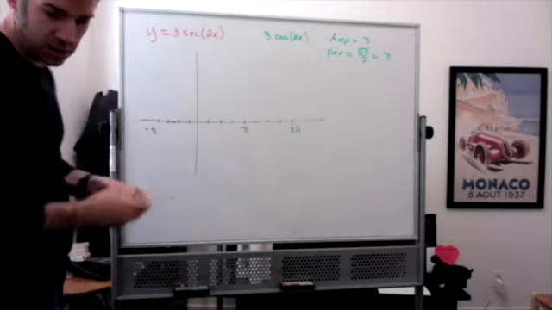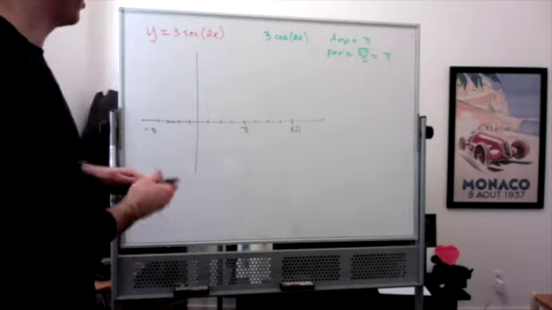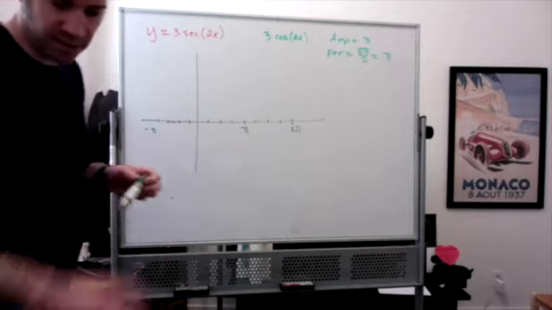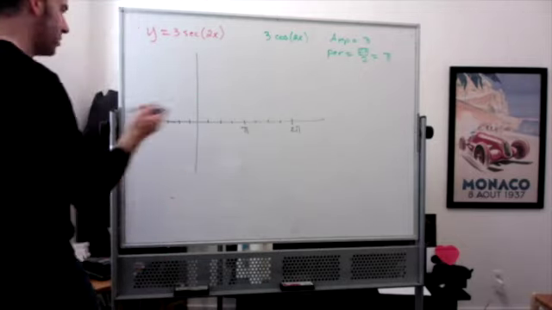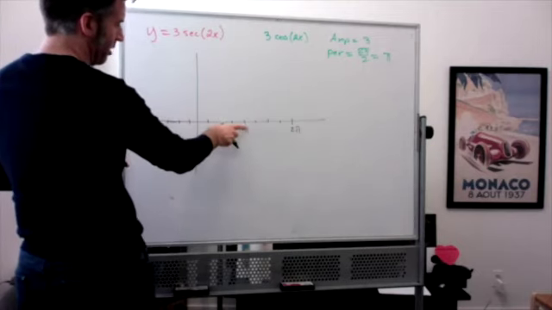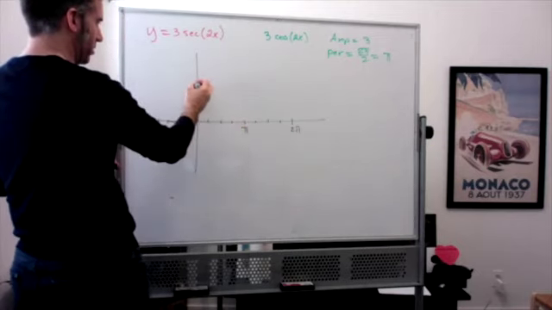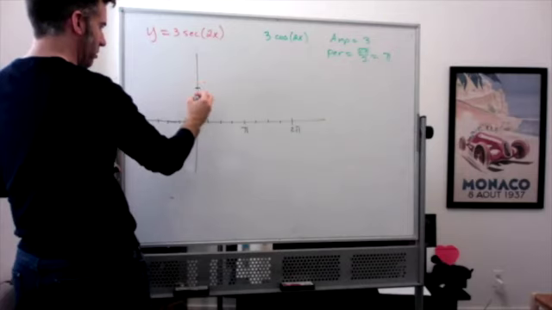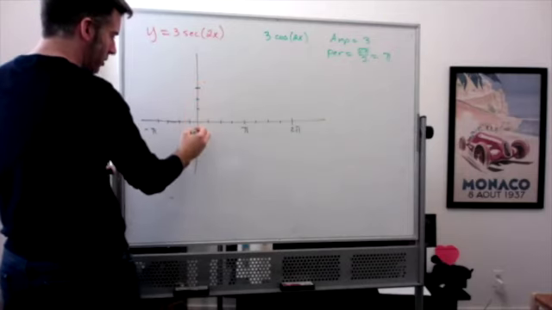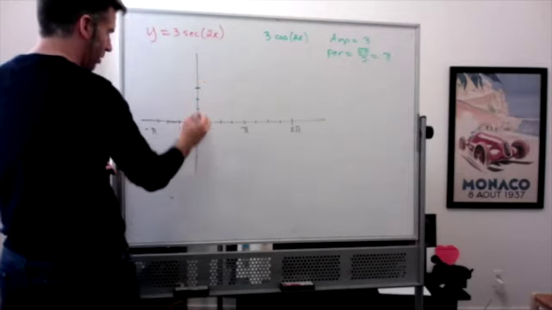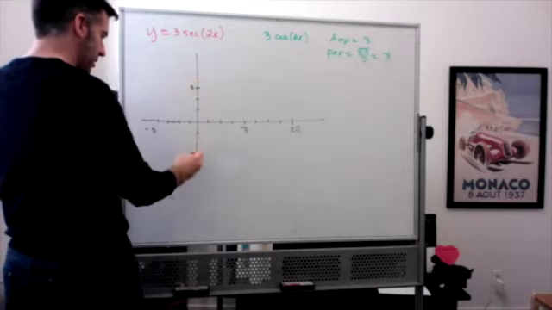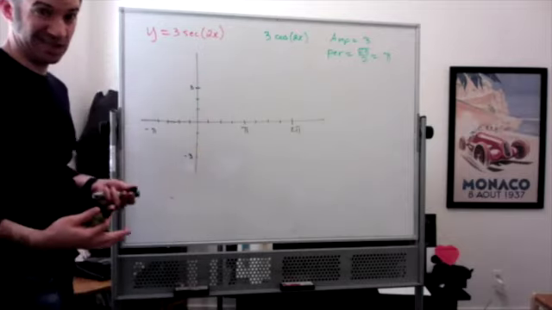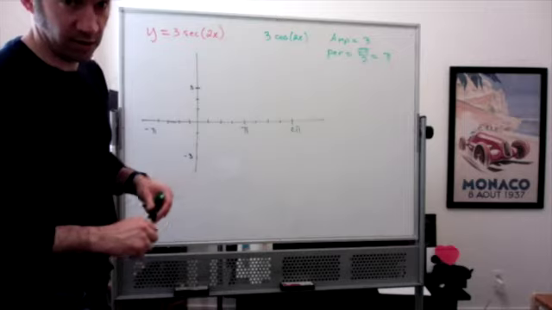Okay, so I also said my amplitude was 3. Pi is about 3, so sure, there's about 3. I will stress also that if you're graphing these, you don't have to make your x and y axes have exactly the same scale. They can be wildly different, that's okay.